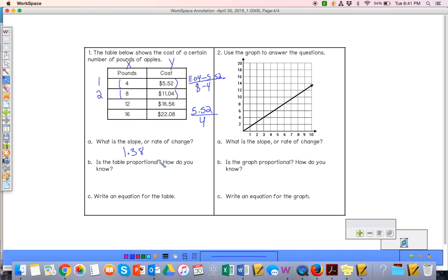How do you know? So we're going to say yes. The y over x ratio is constant. Now it says write an equation for the table. Whatever our slope or rate of change was, that's going to be the number in our equation. y equals 138x.